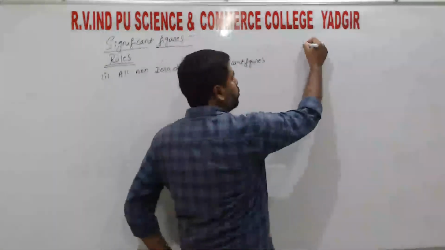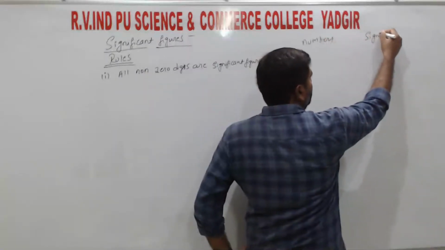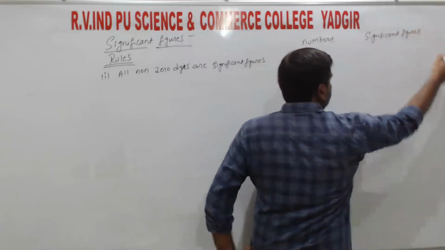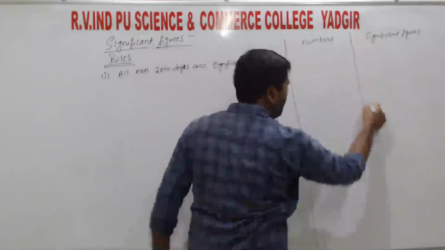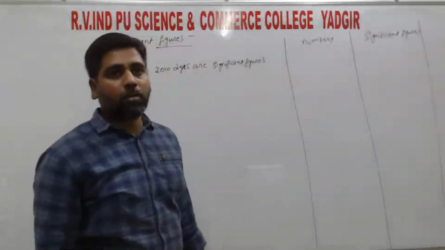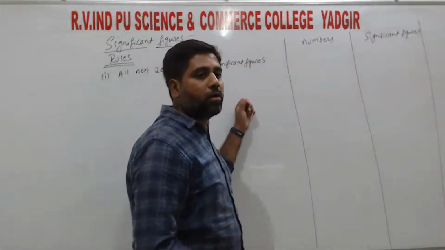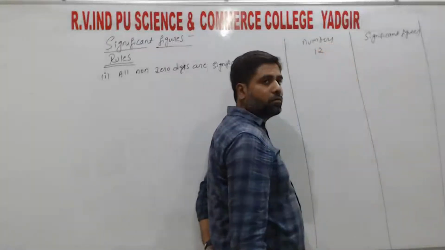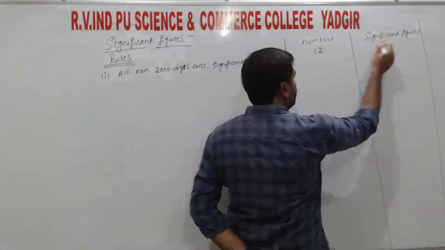So here we take the column significant figures, right? So all non-zero numbers. If there is no zero in a number, we consider all of it as significant figures, right? So for example 12. In 12 there is no zero, so how many significant figures? 2, right?